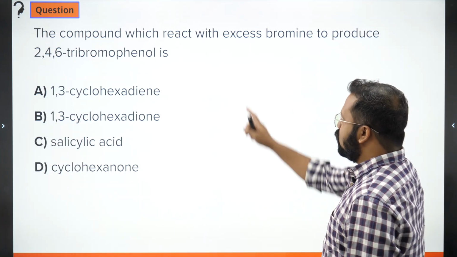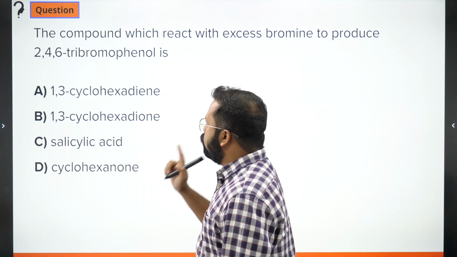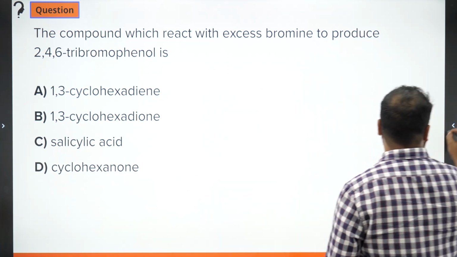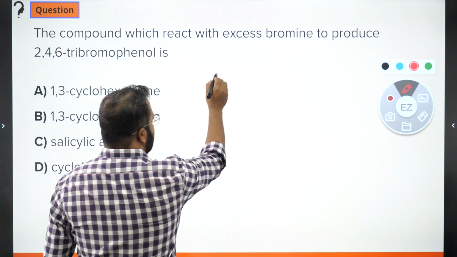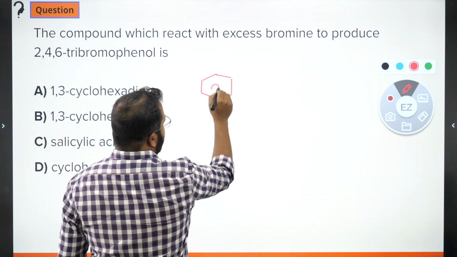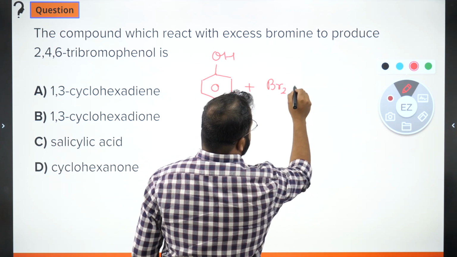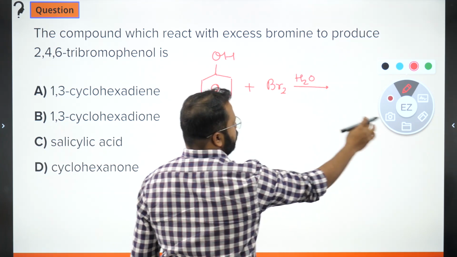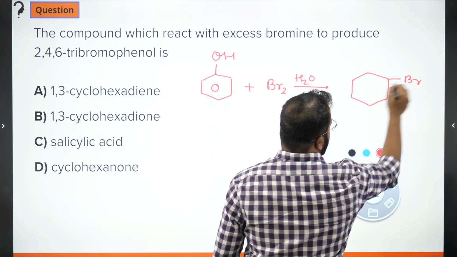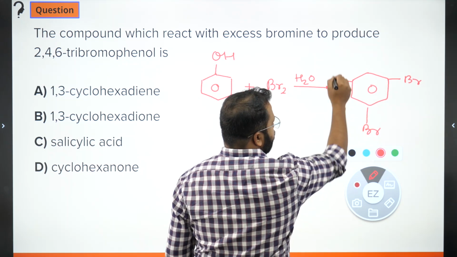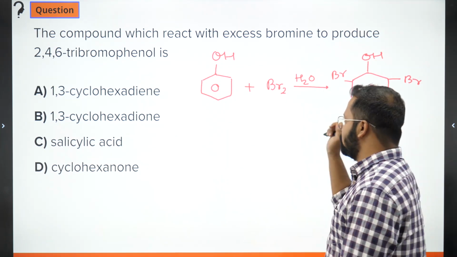The next question is this: the compound which reacts with excess bromine to produce 2,4,6 tribromophenol. 2,4,6 tribromophenol. ये क्वेश्चन बहुत सिंपल सा है. इसको याद रखने के लिए आपको सबसे अच्छा चीज यही करना पड़ेगा कि you remember that when you take phenol and react it with bromine in presence of H2O, you would get 2,4,6 tribromophenol.